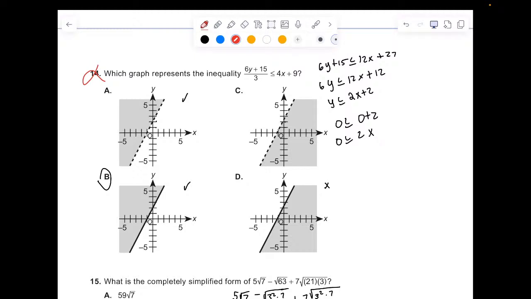Really? Oh my gosh. I'm actually so dumb. I mean, that's true. This is literally true. What was I thinking?